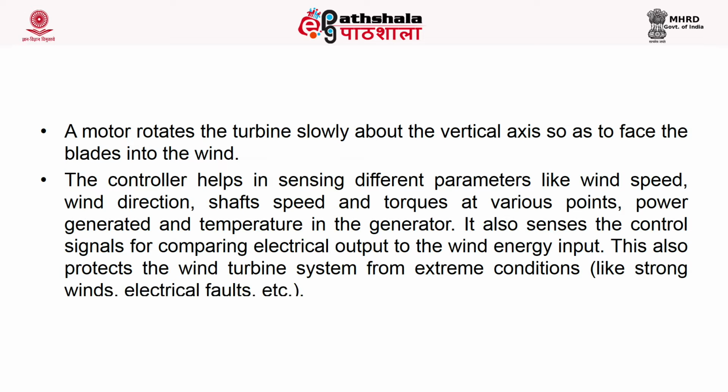It also senses the control signals for comparing electrical output to the wind energy input. This also protects the wind turbine system from extreme conditions like strong winds, electrical faults, etc. So, the basic components of a wind electric system consist of aeroturbine, gearing, coupling, electrical generator and the controller.